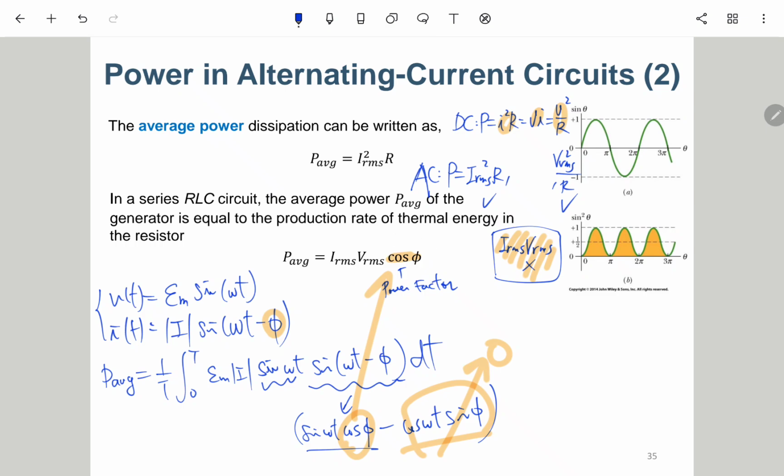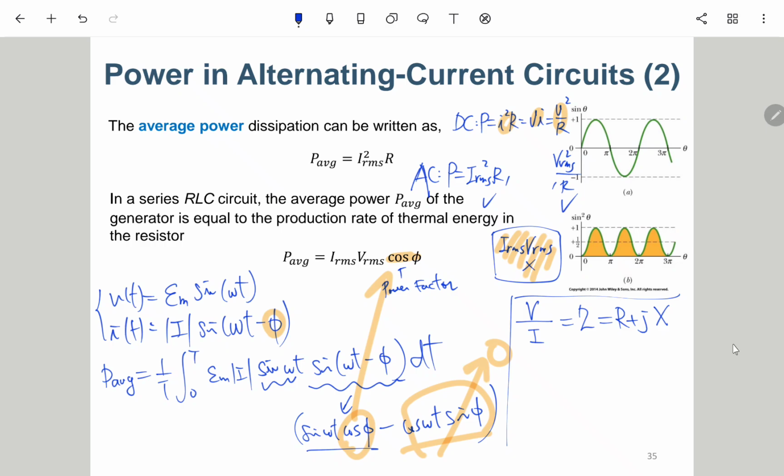Another condition to consider is that the phasor of V divided by the phasor of I will be Z. So this is like R plus jX.